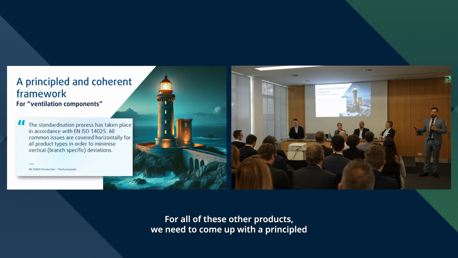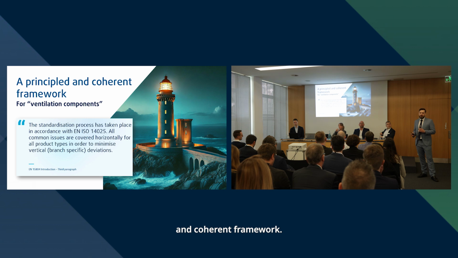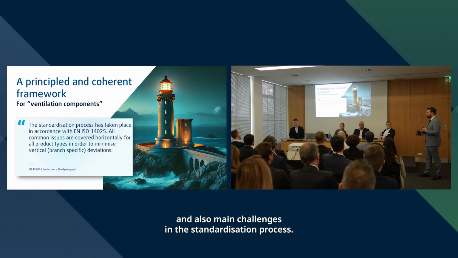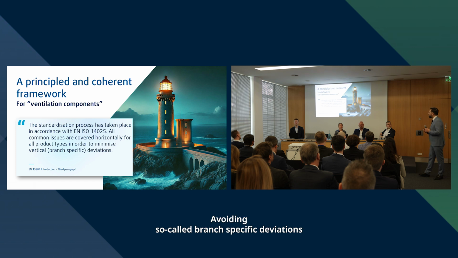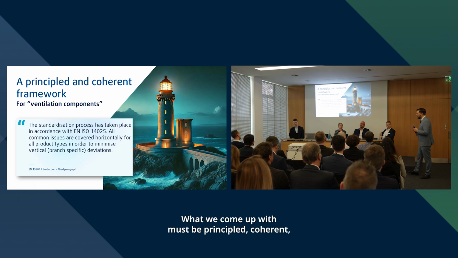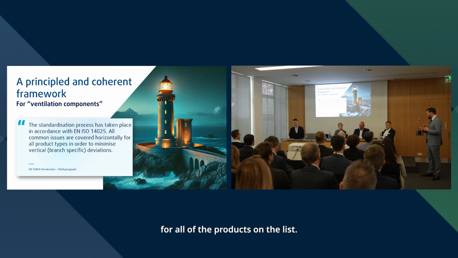For all of these other products, we need to come up with a principled and coherent framework. This is indeed one of the main tasks and also main challenges in the standardization process. Avoiding so-called branch-specific deviations between the parts. What we come up with must be principled, coherent for all of the products on the list.